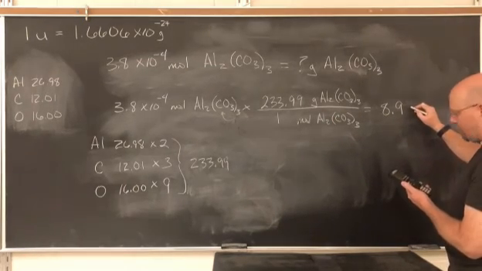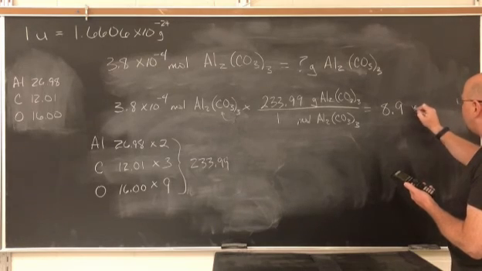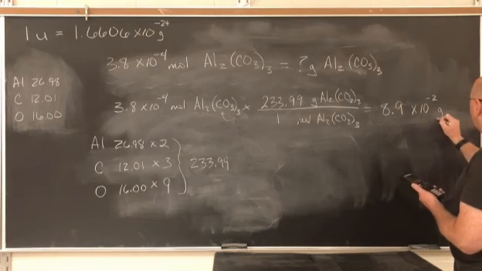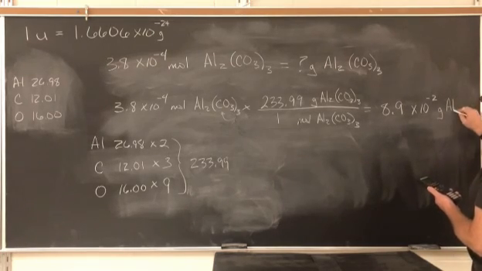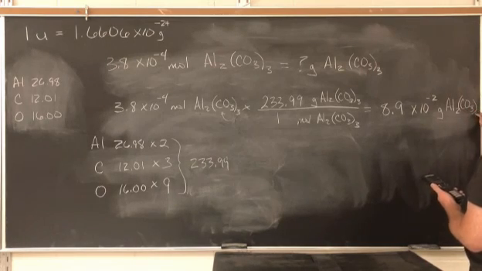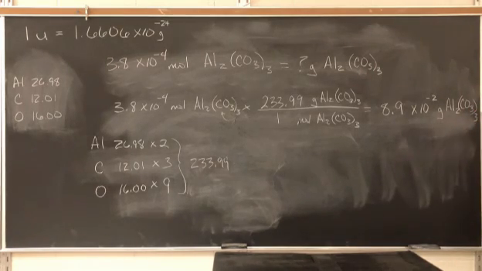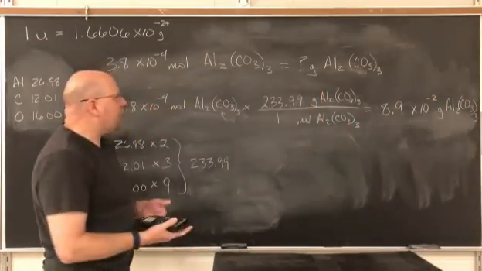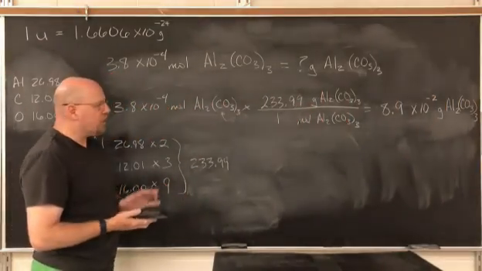It rounds that 8 up to 9 times 10 to the -2 grams of aluminum carbonate. So this is your first taste of gram to mole conversions using elements and compounds. Relatively straightforward.